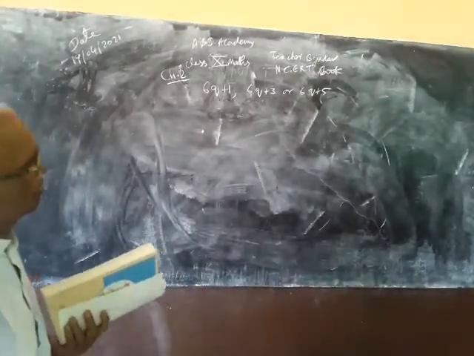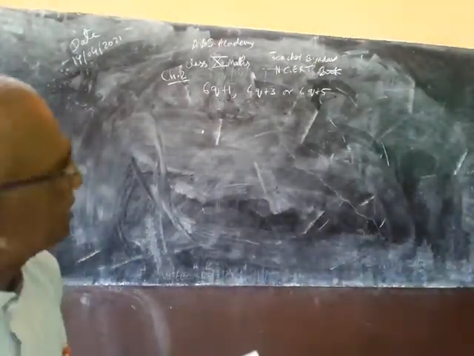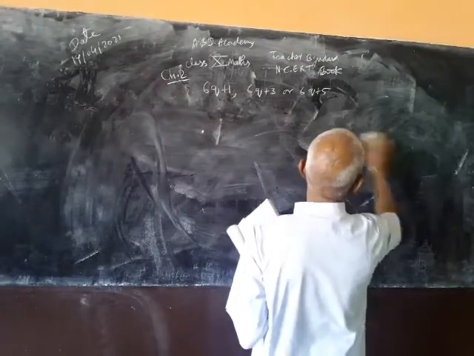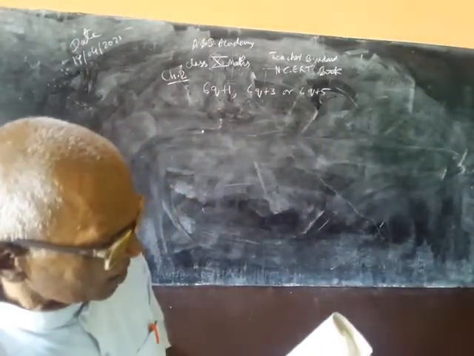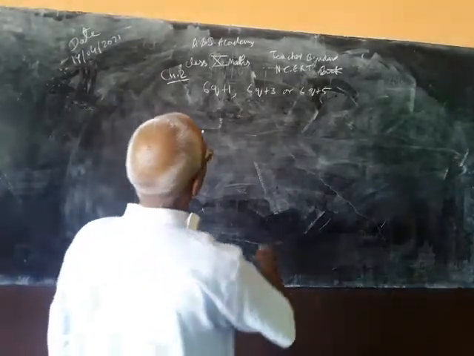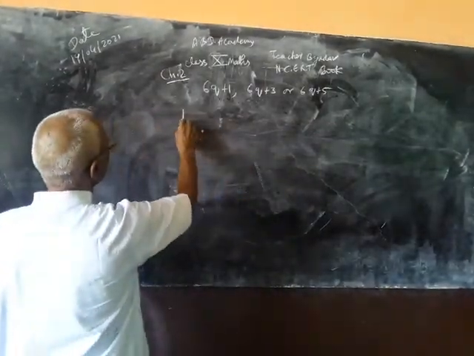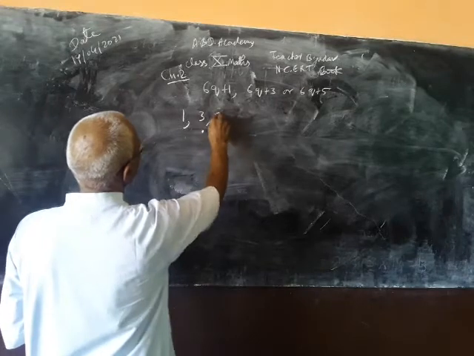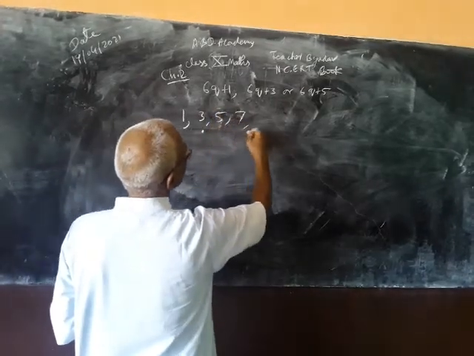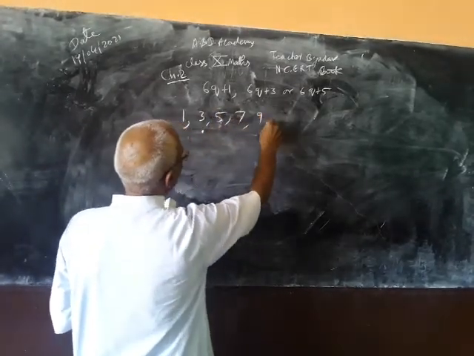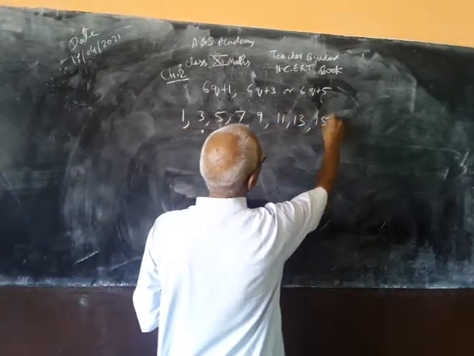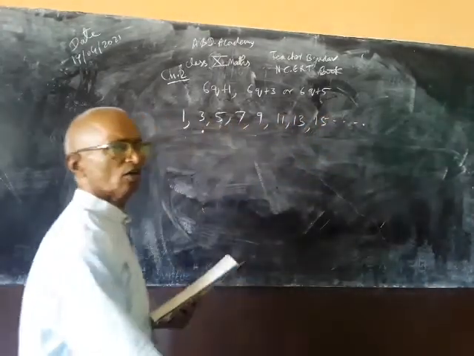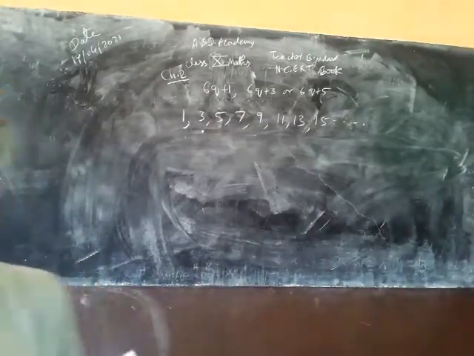So remember, what are odd integers? Here odd positive is written. All odd positive integers are 1, 3, 5, 7, then 9, 11, 13, with a difference of 2.